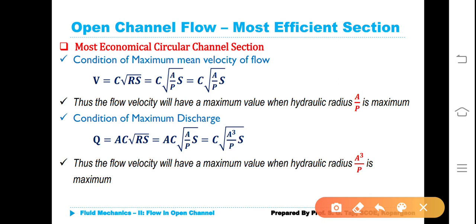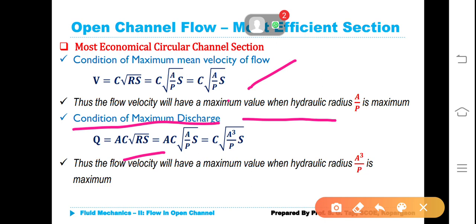V is equal to C under the root RS. That can be written as C under the root A by P into S. Thus, the flow velocity will have a maximum value when hydraulic radius A by P is maximum. Condition of maximum discharge: Q is equal to AC multiplied by under the root RS.